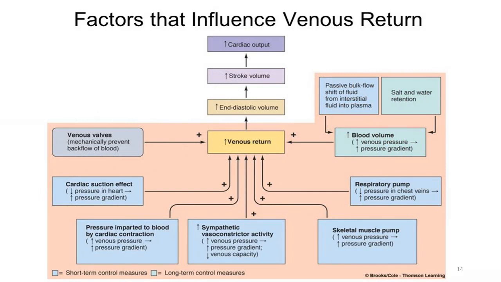Here you can see important factors that help venous return. First of them is venous valves, and the other important factor is the cardiac suction effect, which decreases pressure in the heart and increases the pressure gradient between veins and heart. The other reason for venous return is pressure imparted to blood by cardiac contraction.